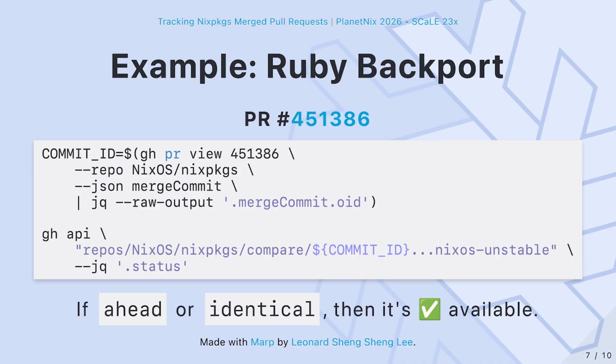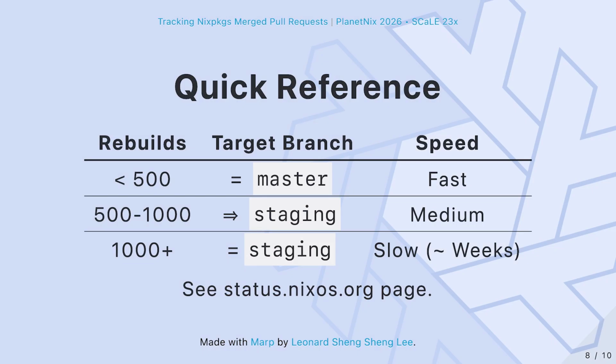And another example of how we can identify whether the fix is available or not: we can use Git or GitHub commands to compare the merge commit and check its status. In this example, if we run this command and it's ahead or identical on your target branch, then it means that it is available.